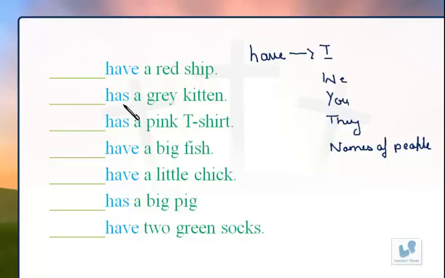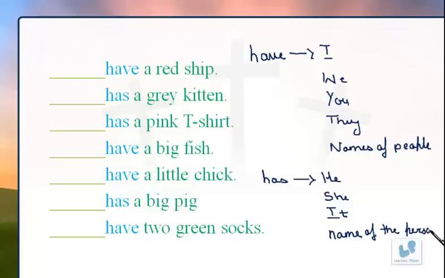Has. It has over here. So dash has a grey kitten. Now we will see with which all persons we can use has. As we studied in the previous sessions, has can only be used with third person singular. So he has, she has, it has, and name of the person.